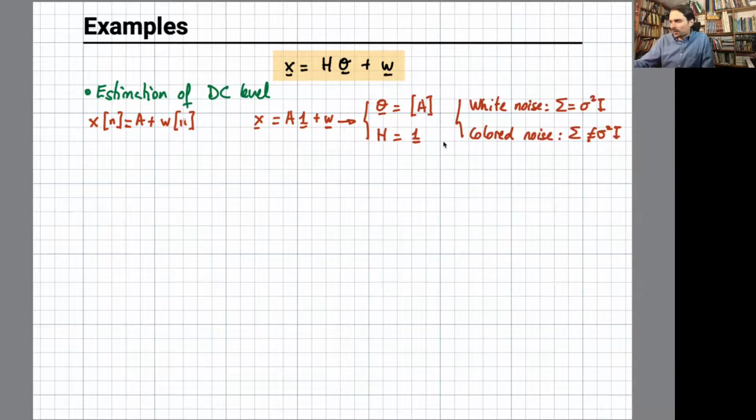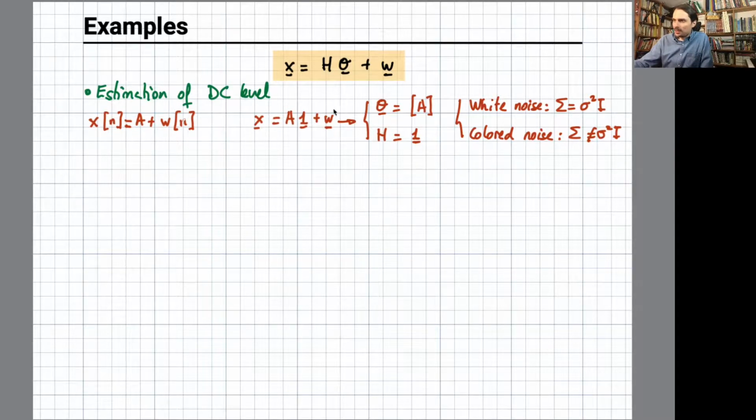I would like to take this opportunity to introduce a terminology that is very common in signal processing. We say that the noise is white when its covariance matrix is a scaled identity, and we say that it is colored otherwise. This terminology comes from physics, more specifically from light physics.